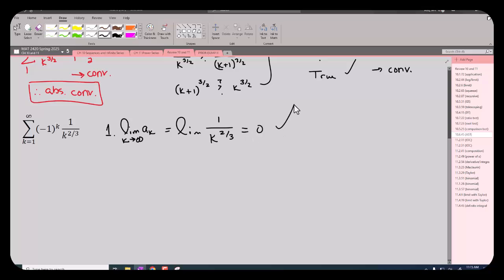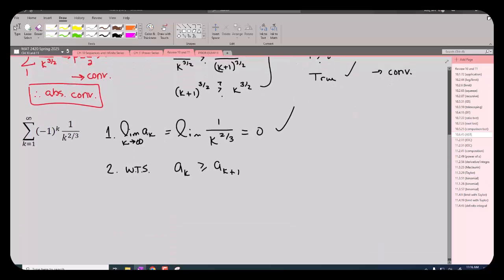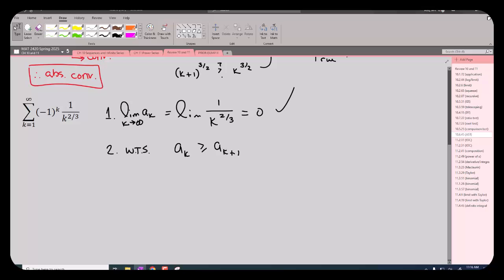That is 0, so that checks. So we know that the divergence test is inconclusive. And then we come down here and we want to show that the magnitudes are going down, which again is very hard for this not to be true. And you can put in the equal or not put in, it does not matter.